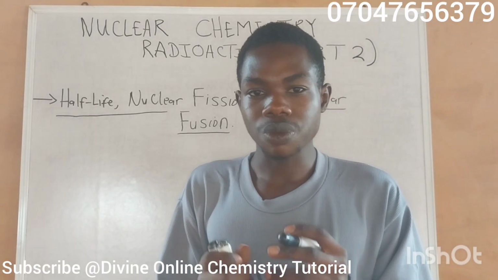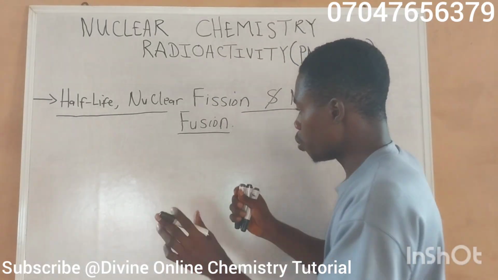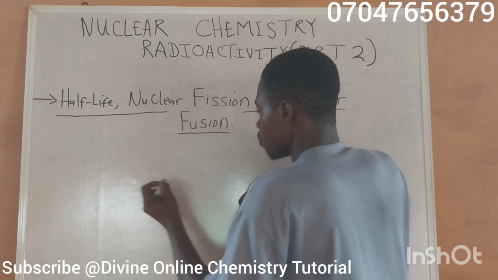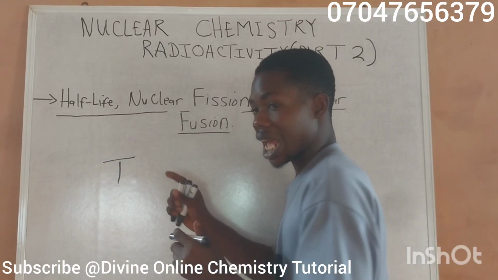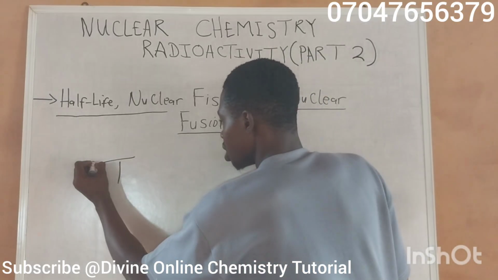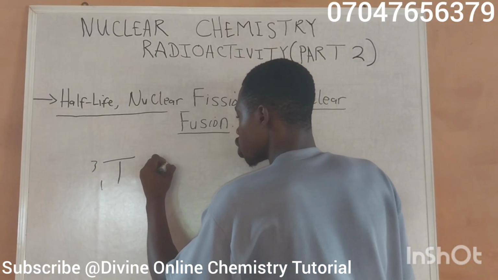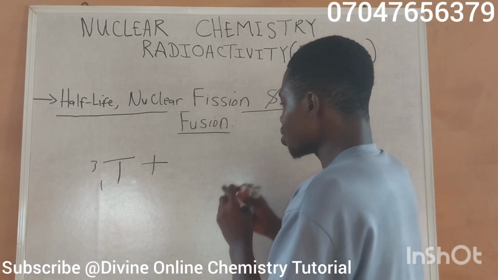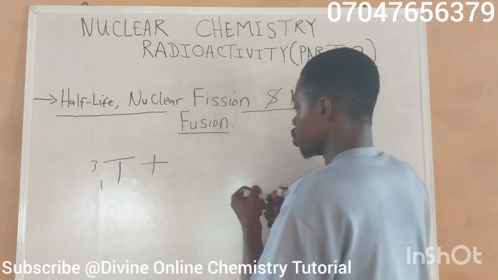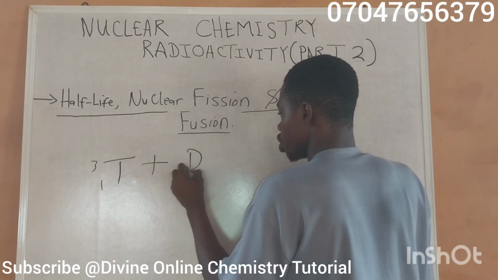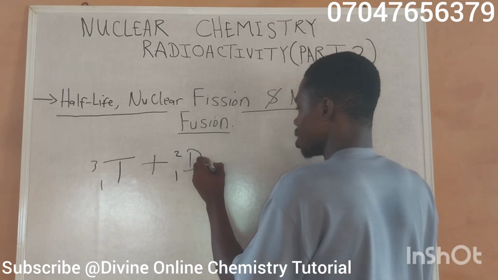So for example, we'll be making use of tritium, which is an isotope of hydrogen, tritium 3,1, plus deuterium. Please take note that deuterium is also an isotope of hydrogen, 2,1.